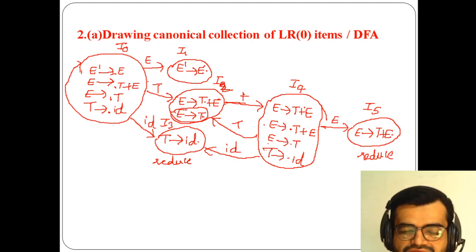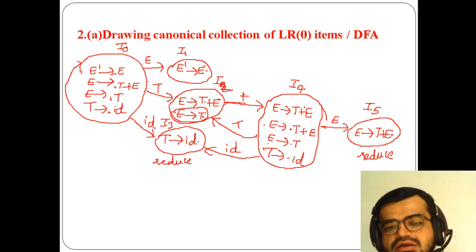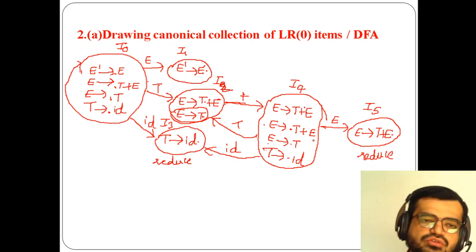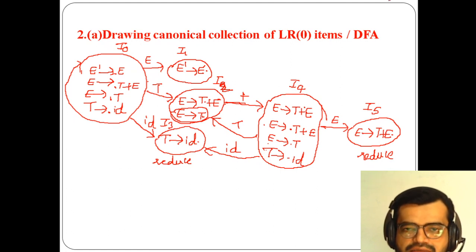So there are 3 productions used for performing reduce action: E of T dot, T of ID dot, and E of T plus E dot. Okay, so keep it in mind because this will be useful when you are creating the parsing table. So in this way you are performing the canonical collection of LR(0) items.